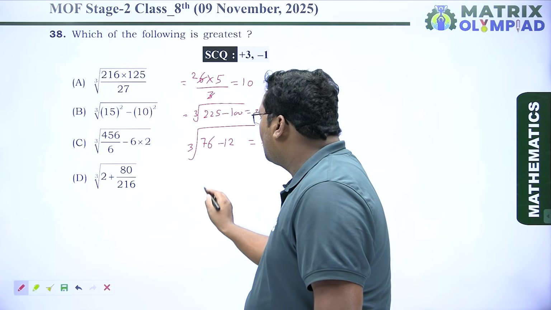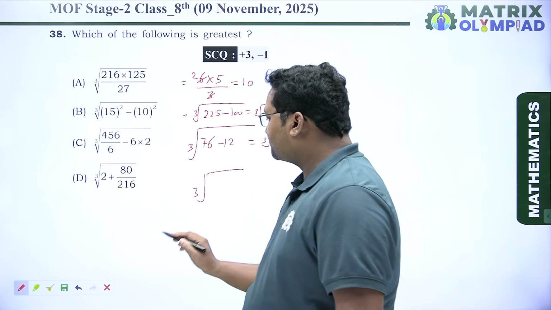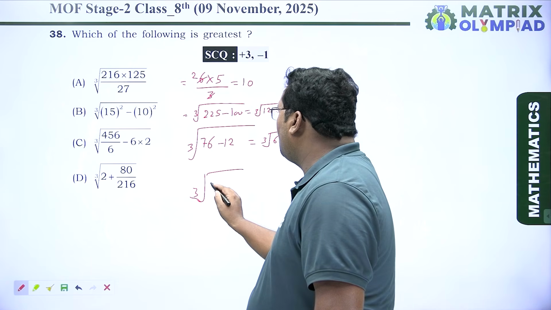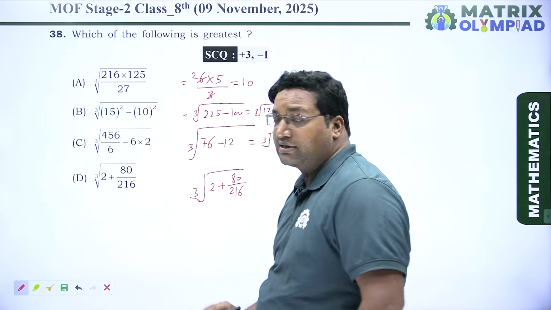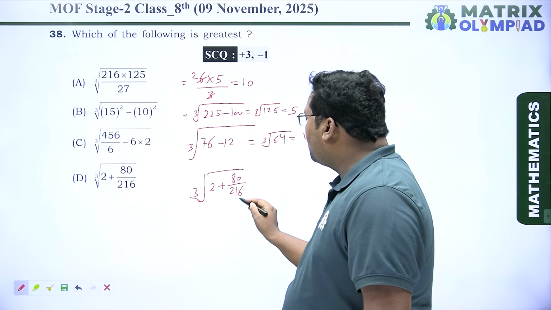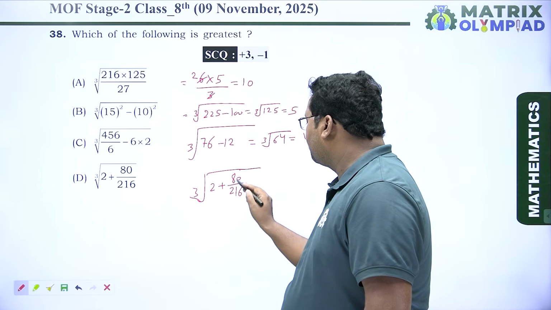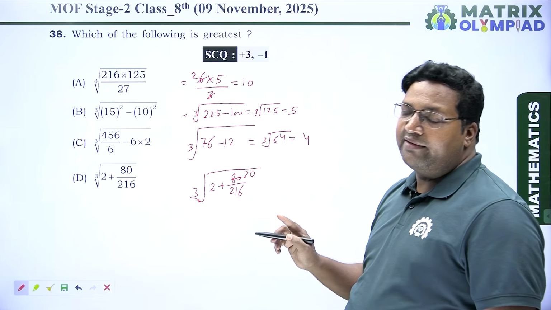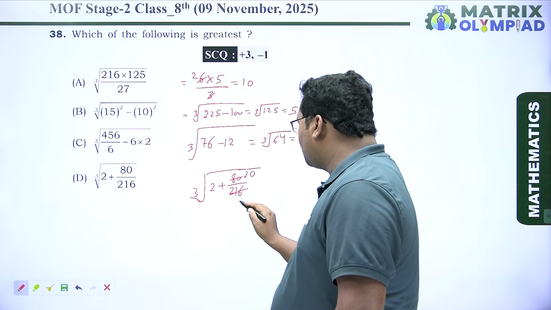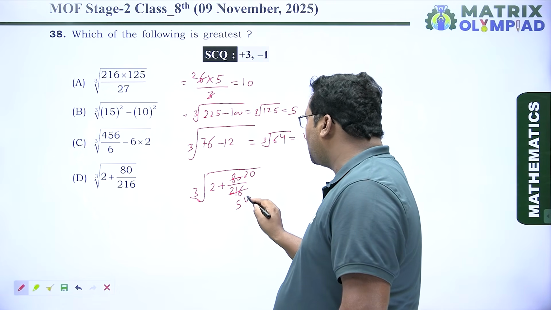Fourth number is cube root of 2 plus 80 upon 216. Here you can see both numbers are divisible by 4. So 80 divided by 4 is 20, and 4 5s are 20 and 4 4s are 16.